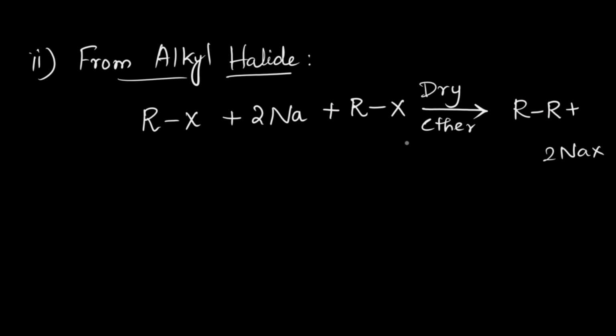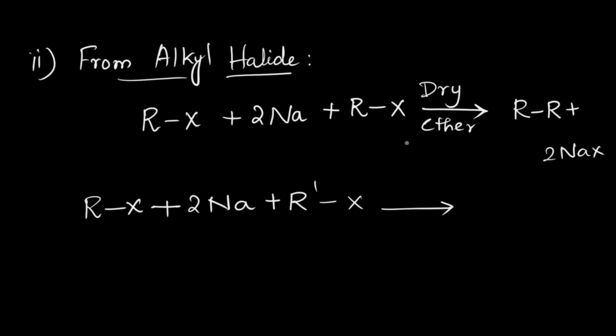And if I am taking a different alkyl halide, what can happen? For example, I am taking RX with 2 moles of sodium with R'-X. The reaction conditions are the same. If I am taking a different alkyl halide, I'll end up with R-R' along with 2NaX. But the yield will be very less. Why?